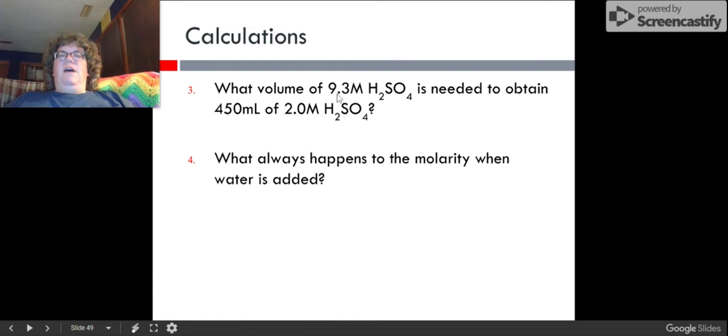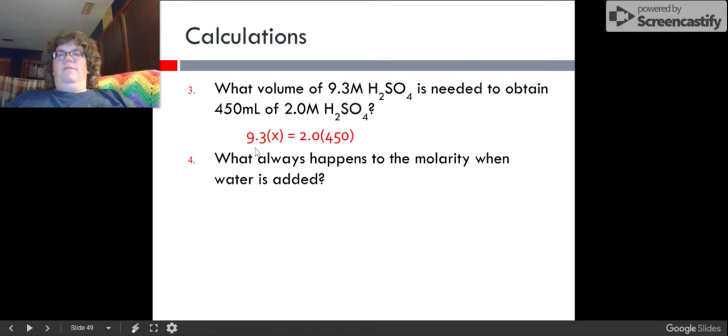So we have this highly concentrated 9.3 molar acid, and we want to decrease the concentration. So how much of that will we need to get my 450 mils of the new solution?